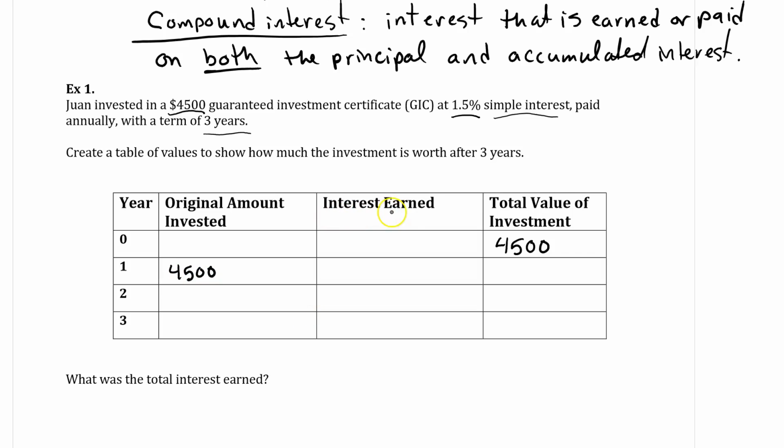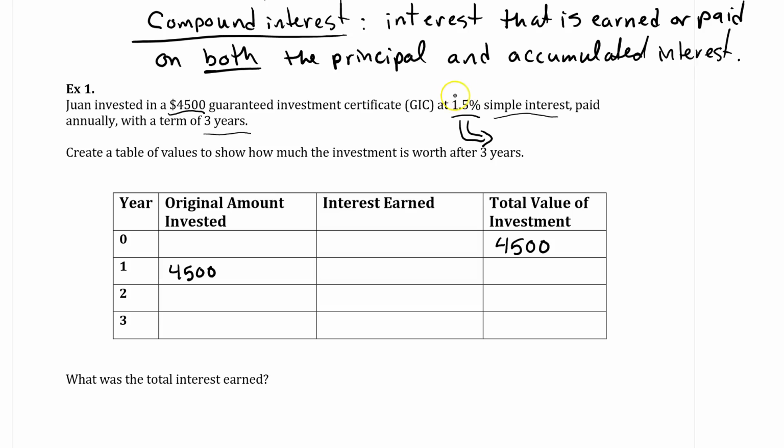Let's talk about this interest earned. Remember, in simple interest, interest is only earned on the principal. So we need to figure out what 1.5% of 4,500 is. Here's a little flashback from the past. We need to put that into decimal form. I bet a lot of you will want to say 0.15, but that's 15%.